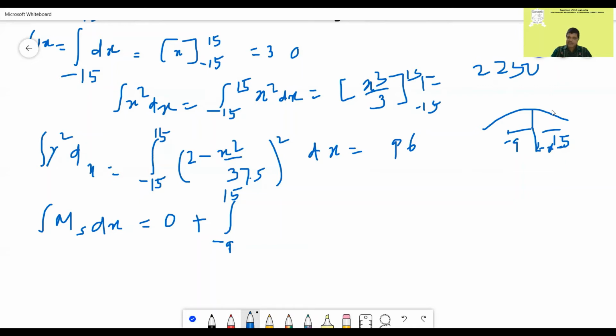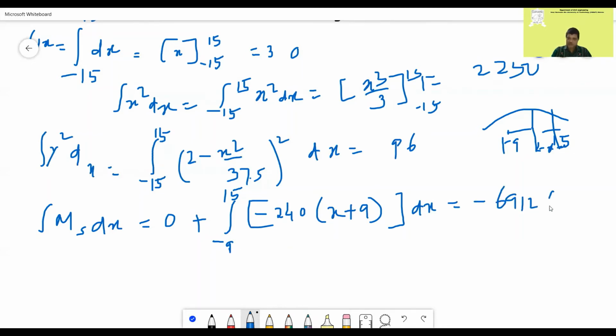Taking origin from here, this is 9, so x plus 9 is the value. Now what will be the value? The load is minus 240 into x plus 9, load into distance gives moment, into dx. We have to integrate this. So this all comes out to minus 6912.